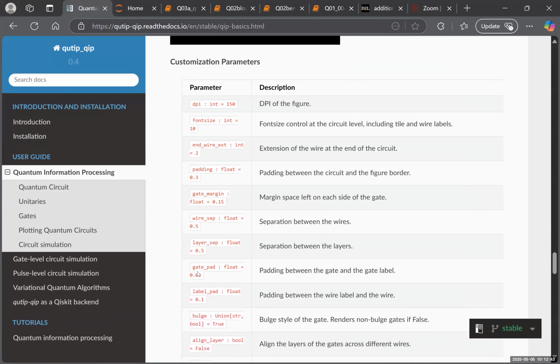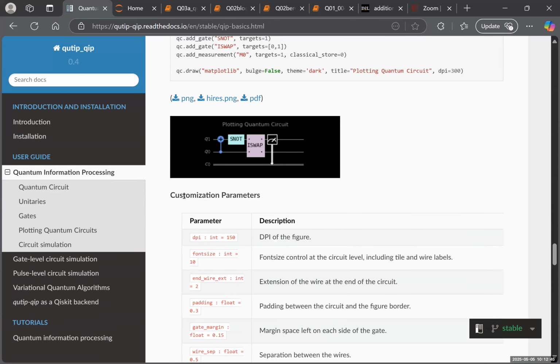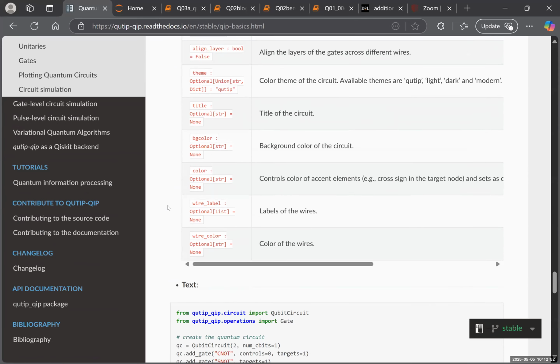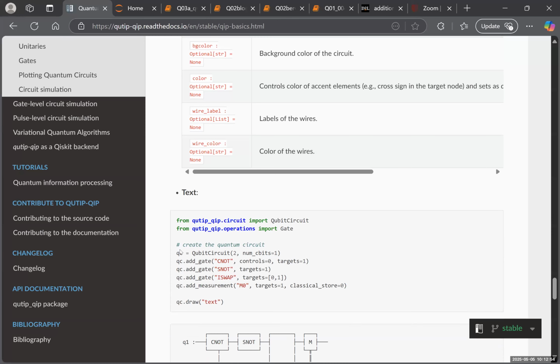Controlling the, it's really not important.